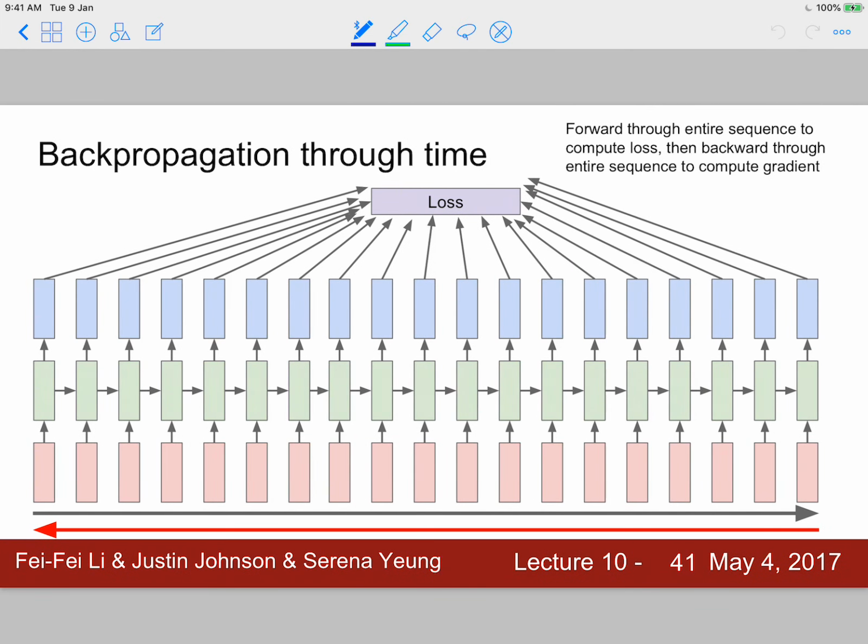Okay, so if you guys remember this figure, at every time step, the core operation of the RNN is to take ht-1 and xt, and then it produces ht.